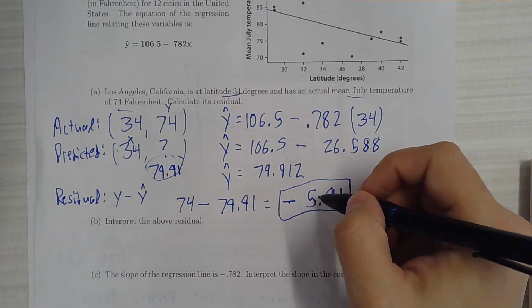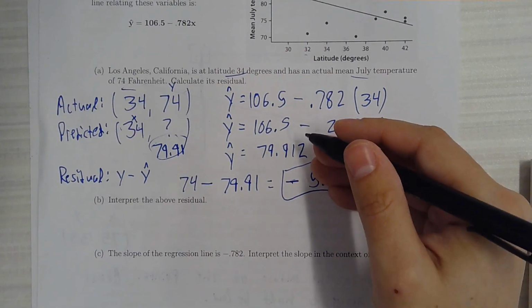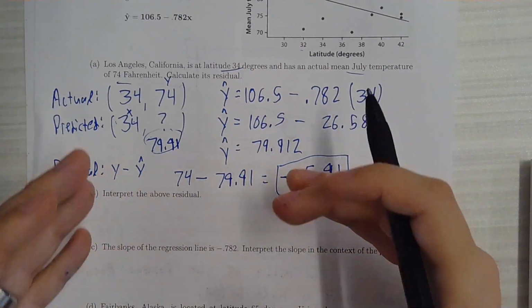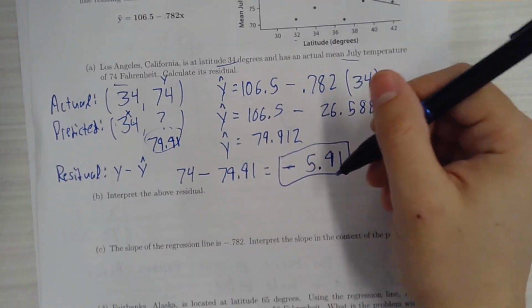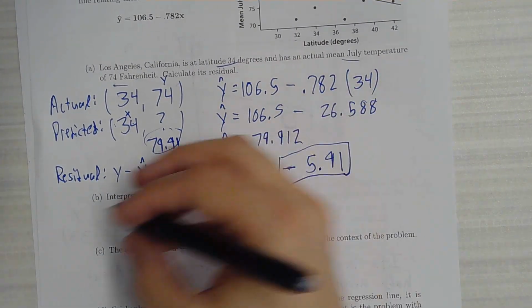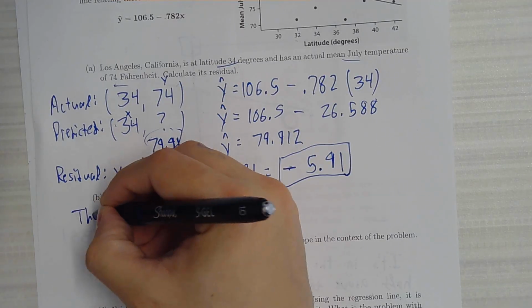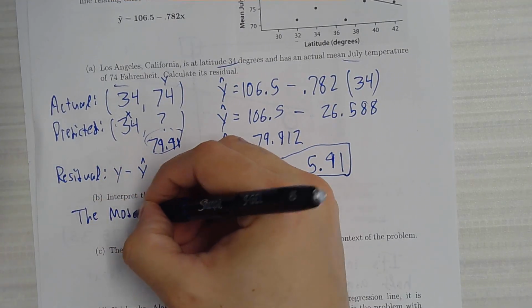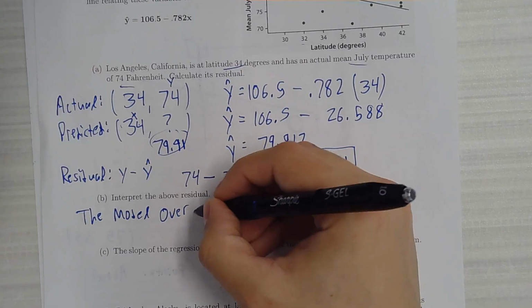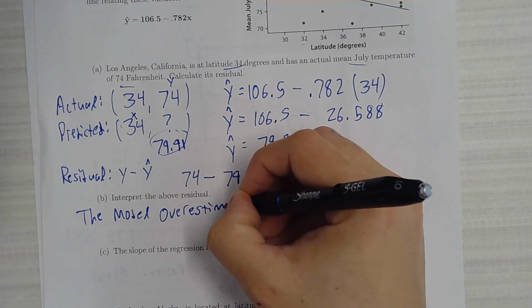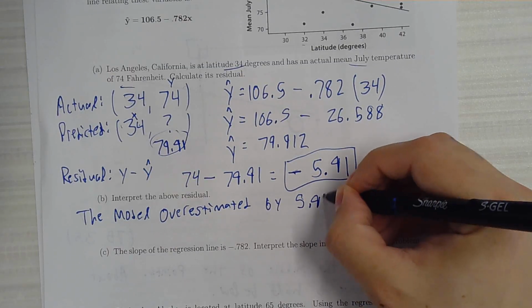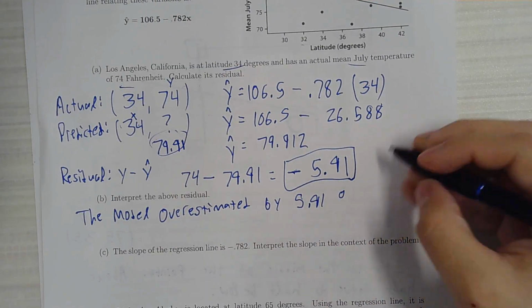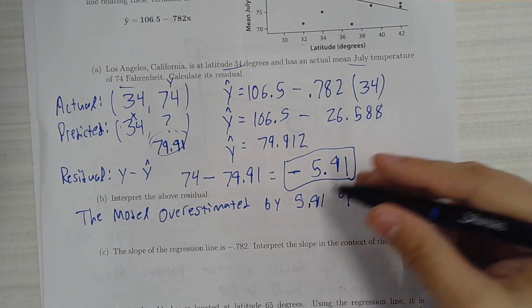Now, we're asked to interpret the above residual. So all we're doing is we're going to put that into a sentence. So the way we can do this is we can say something along the lines of the model overestimated by 5.91 degrees Fahrenheit.